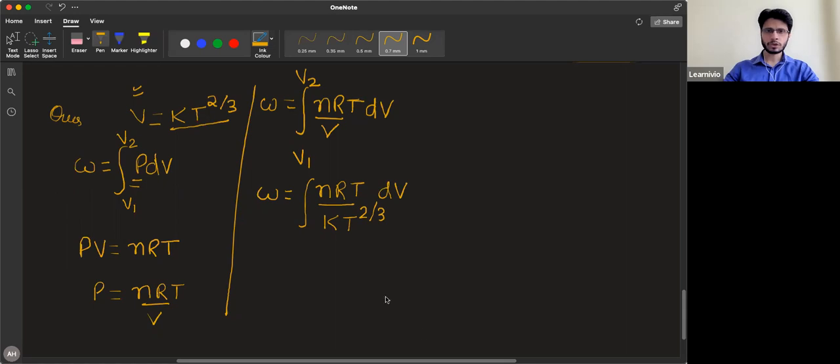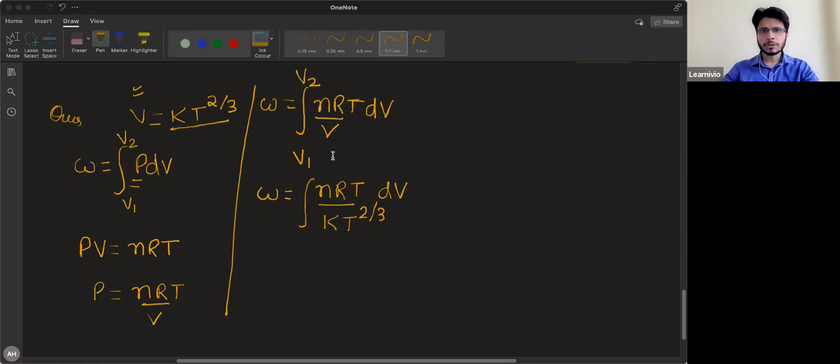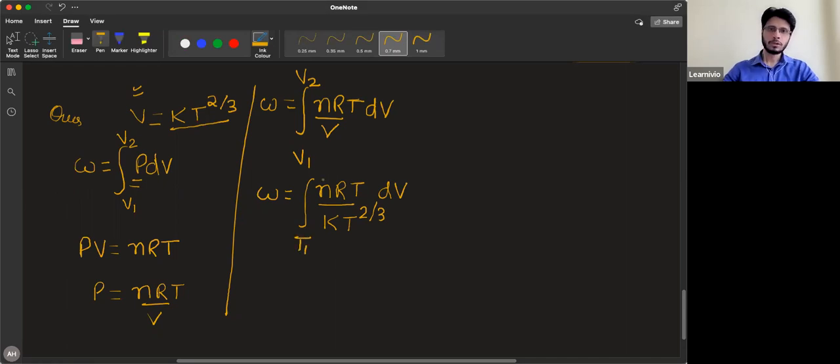The question was the work done when temperature changed by 90 Kelvin. So the limit is given in terms of temperature, from temperature T1 to temperature T2.